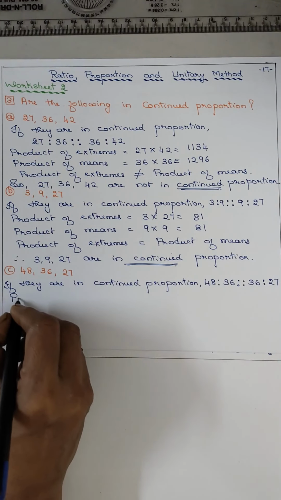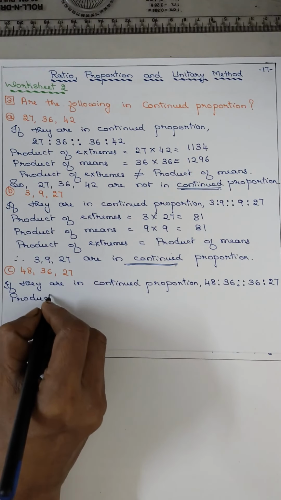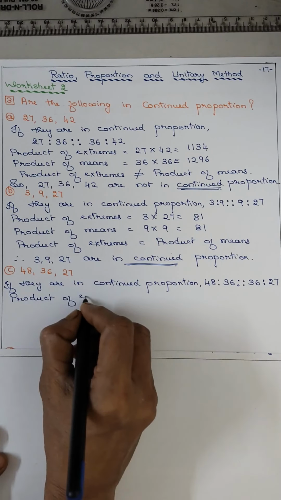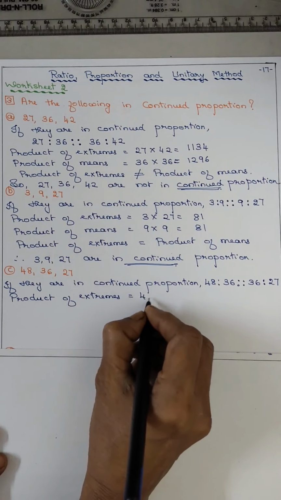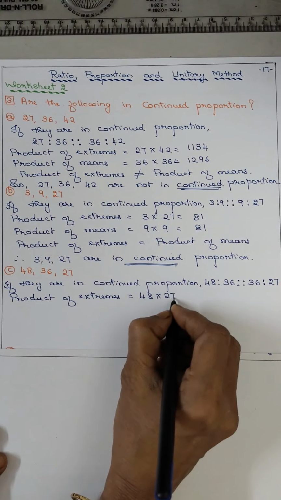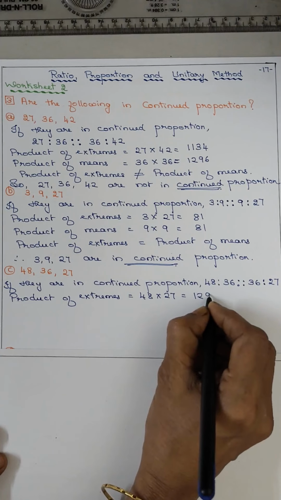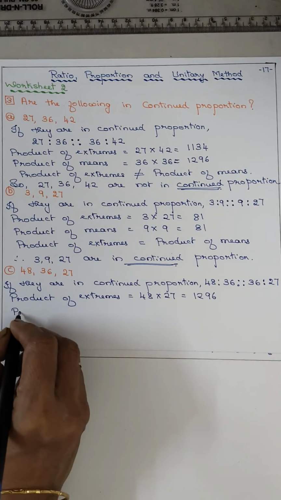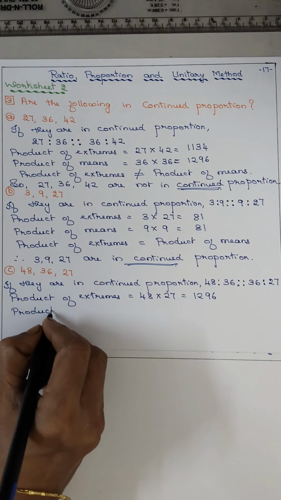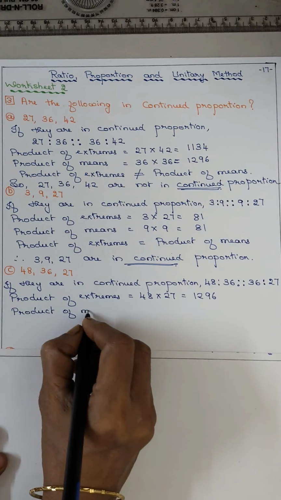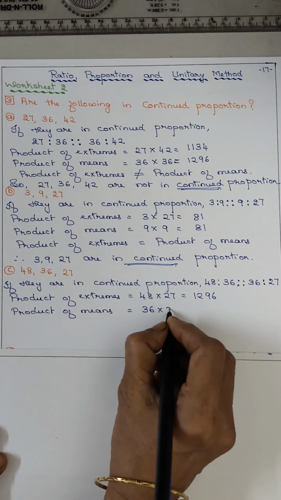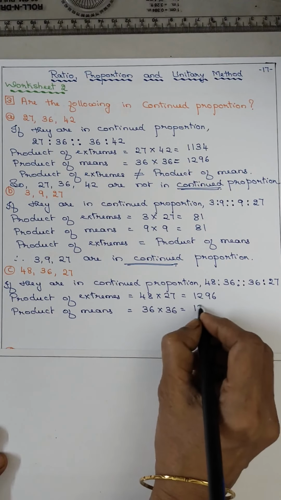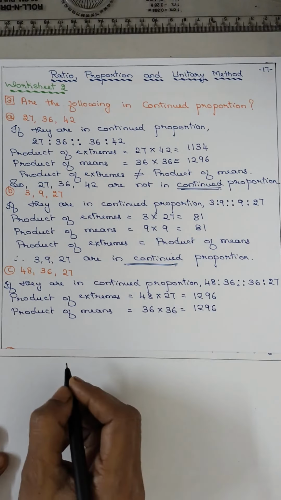So product of extremes, it is 48 into 27, you will get 1296. Product of means, second and the third, 36 into 36, again it will be 1296.